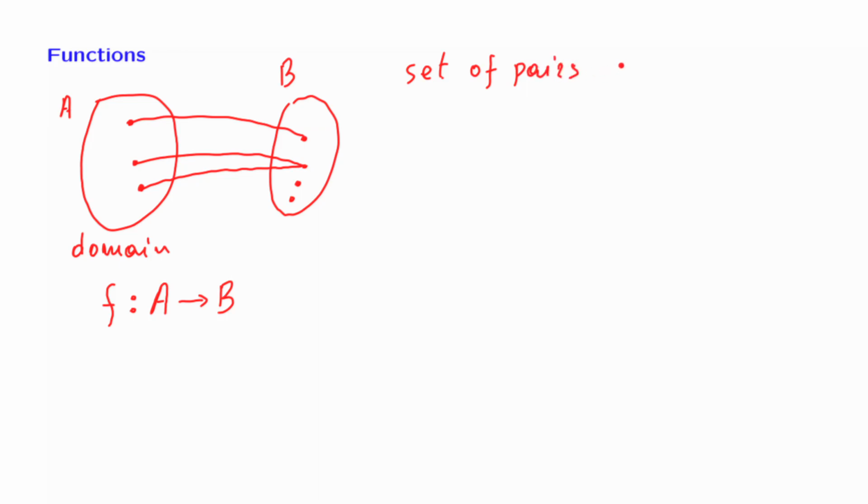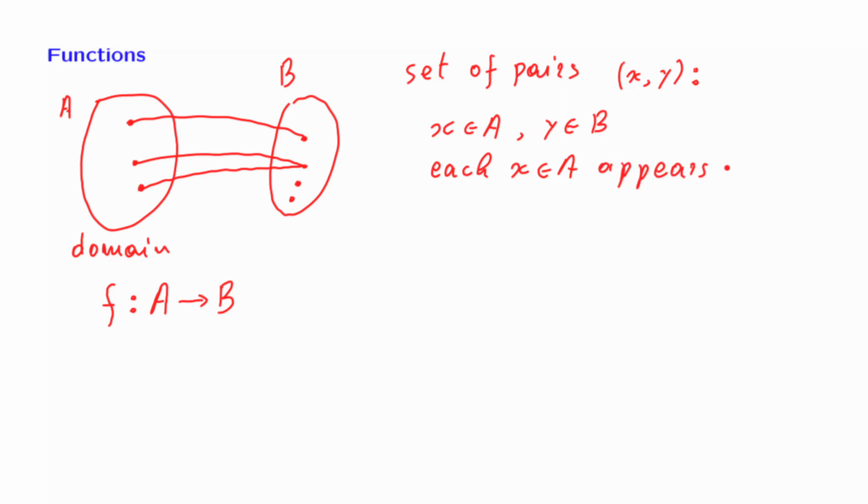It would be a set of pairs of the form (x, y), such that x is always an element of A, y is always an element of B, and also, most important, each x in A appears in exactly one pair. So this would be a formal definition of what a function is. It is a collection of ordered pairs of this kind.